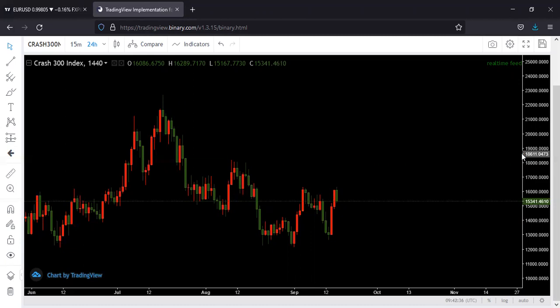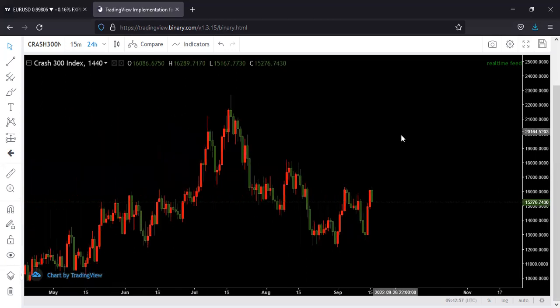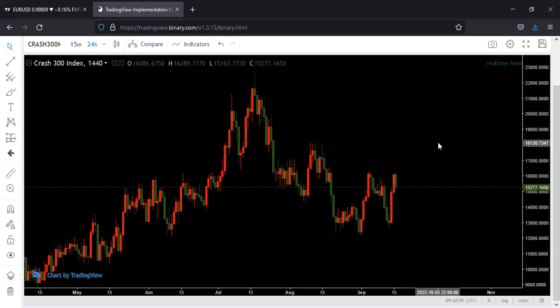Let us start, without forgetting the tools we use for analysis: first, the trend line, the ray line, the short and long position, as well as the brush.